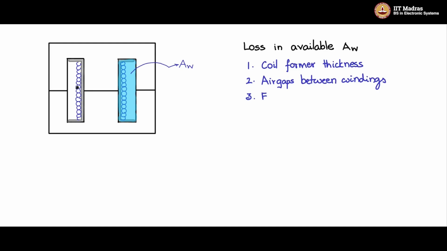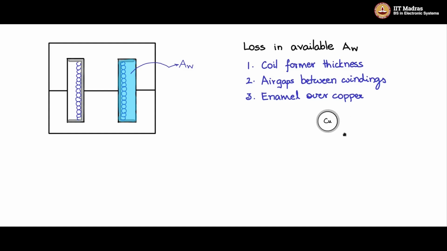Thirdly, the wire has an enamel covering on top of the copper, so that there is insulation between the windings and no short across the windings. So if this is the copper cross section of the wire, over that there is the enamel, such that there is insulation between two neighboring coils.